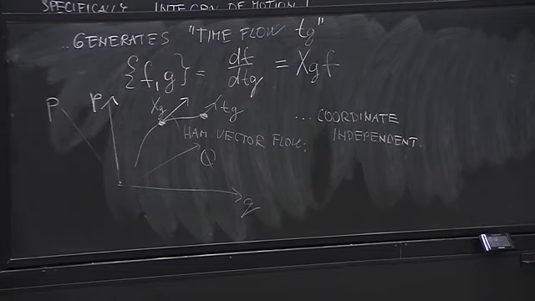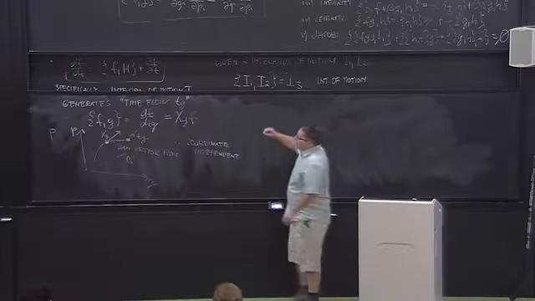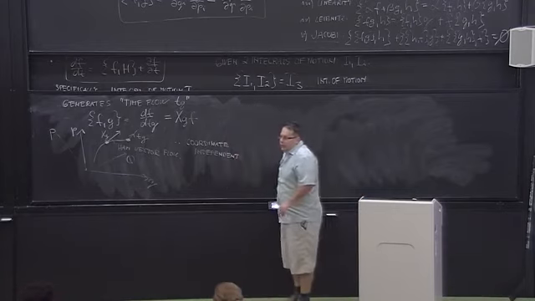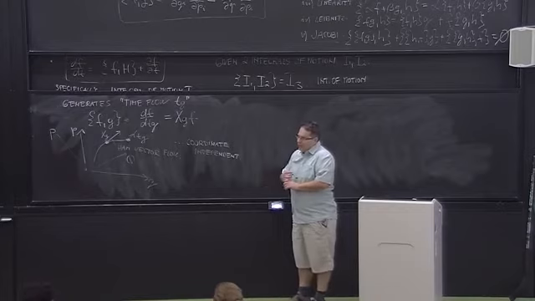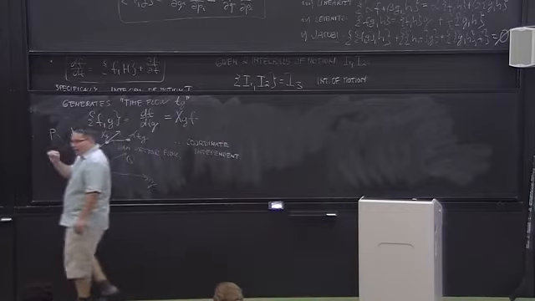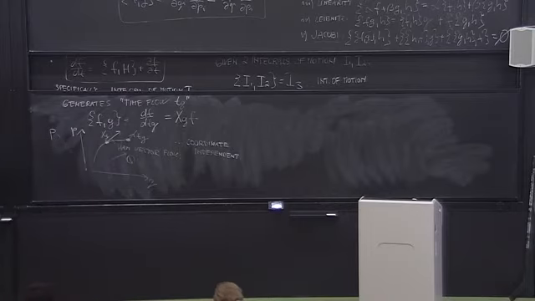Yes? I don't understand what t_G is. Okay. The statement is, I can assign a vector field to any function. You fix a function in the phase space, and then there is a unique prescription for how to get a vector field.